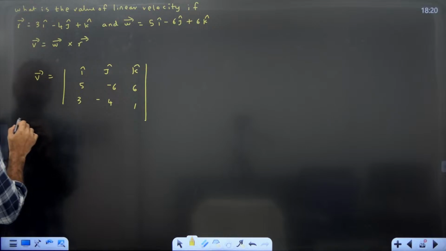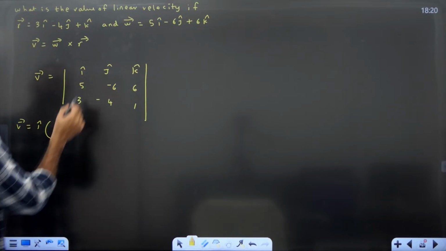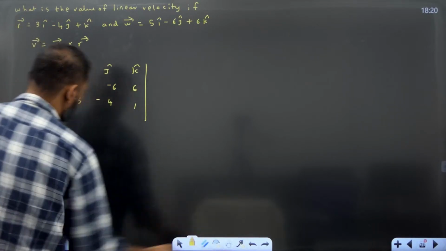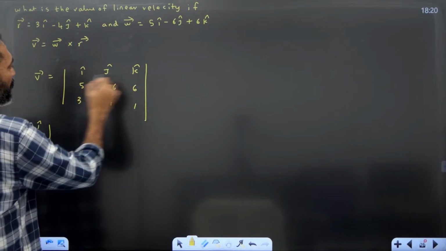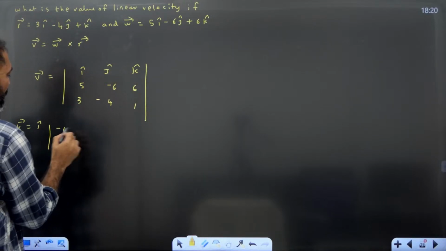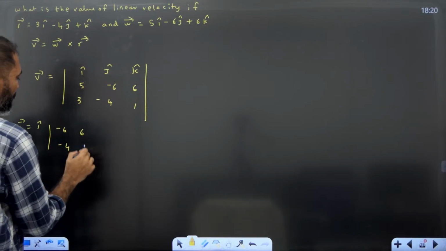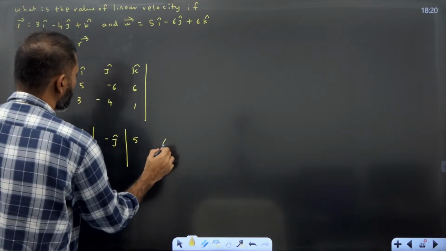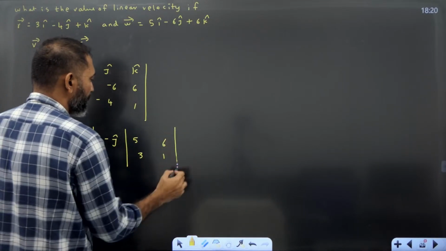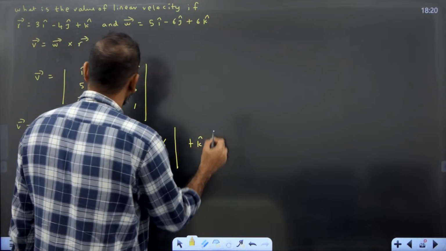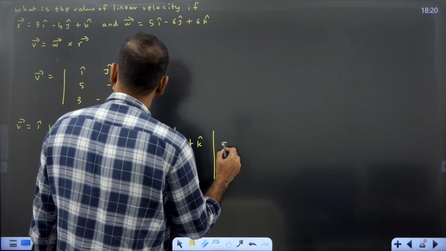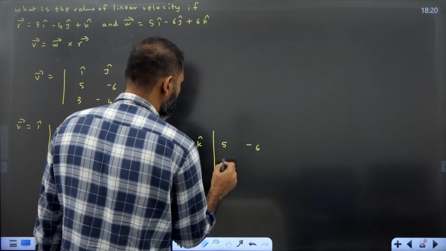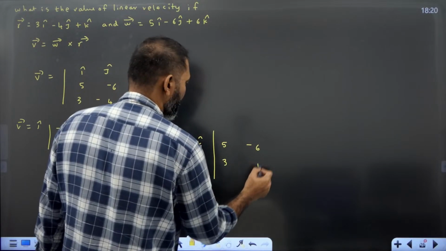So V vector is equal to i cap into, just remove the row and column which contains i cap. So minus 6, 6, minus 4, 1. Then minus j cap into 5, 6, 3, 1 plus k cap into 5, minus 6, 3, minus 4.